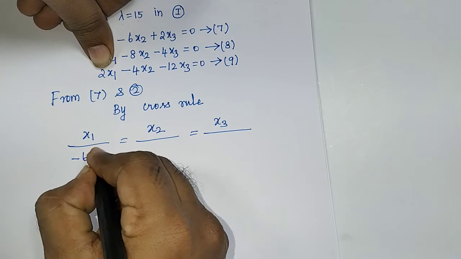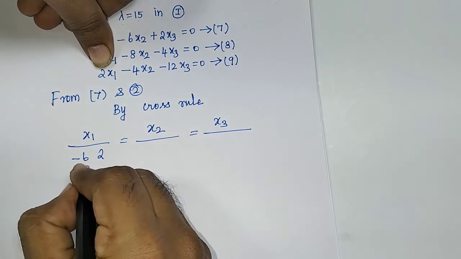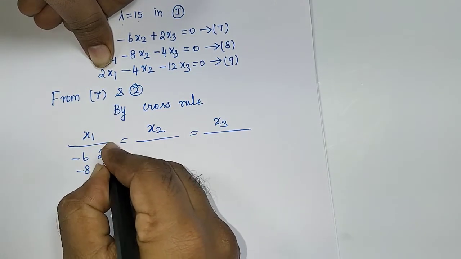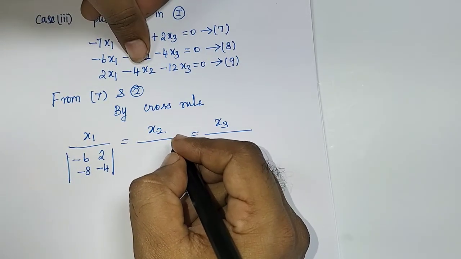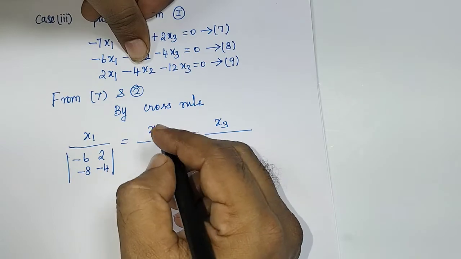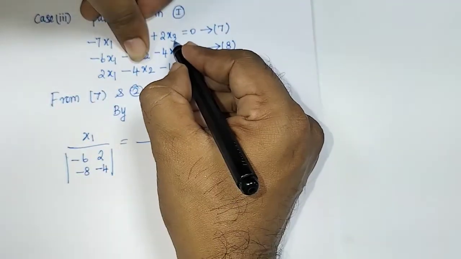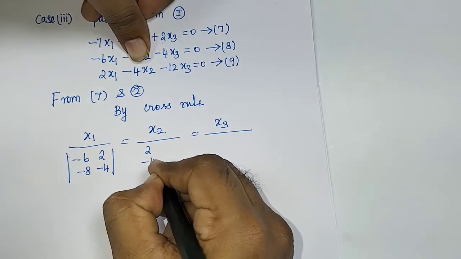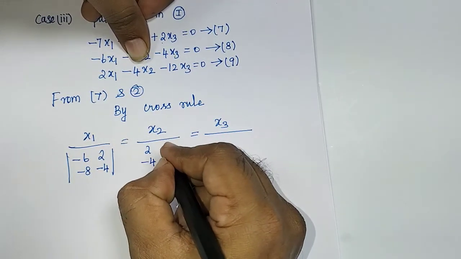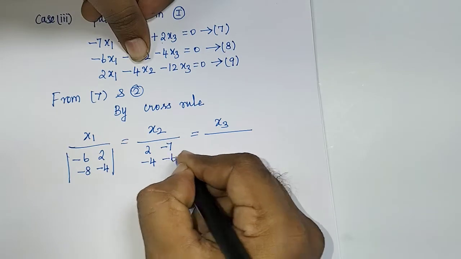So I am writing minus 6, 2, minus 8, minus 4. And for x2, omit the x2 coefficient. The remaining you can write in determinant form. First you write the x3 coefficient, that is 2, minus 4. And now the x1 coefficient, minus 7, minus 6.